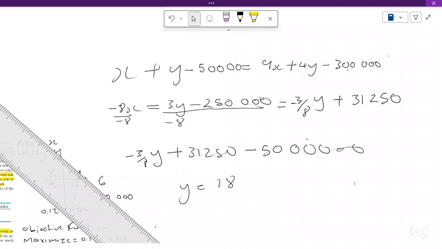You will realize probably this is for B. Max profit at B. So you must do A and C. So for A, which is y, it's going to be 0.08 multiplied by 50, which is giving me 4k.